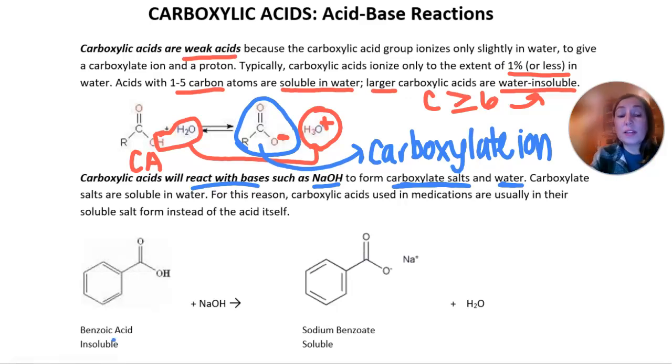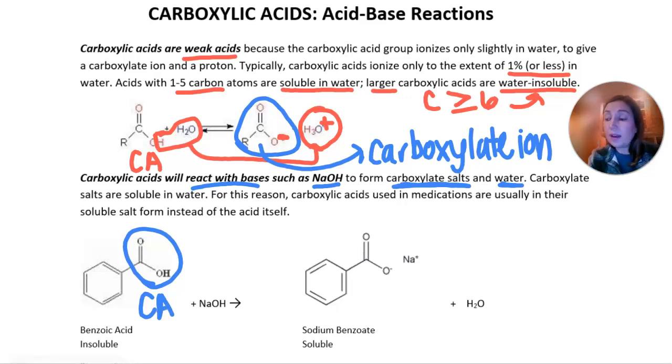Let's look at, for example, benzoic acid. Benzoic acid is our benzene ring bonded to a carbon that's double bonded to oxygen and has an OH on it. That C double bond O, OH is our carboxylic acid. Then we have NaOH, our base.